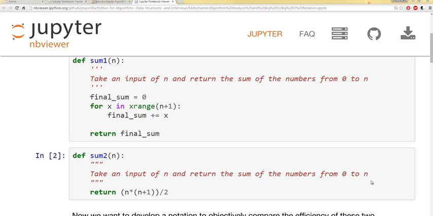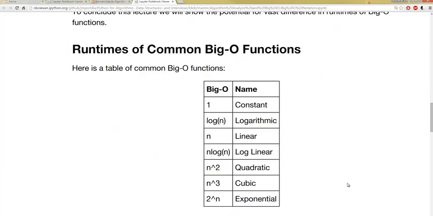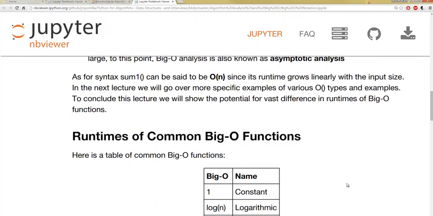Okay, so let's go ahead and scroll down to the table where we can see how this syntax works. So the syntax for that first function can be said to be Big O of n, since its runtime grows linearly with the input size. In the next lecture, we'll go over more specific examples of these big O types, but just to note, this is what the format of the big O notation is going to look like.